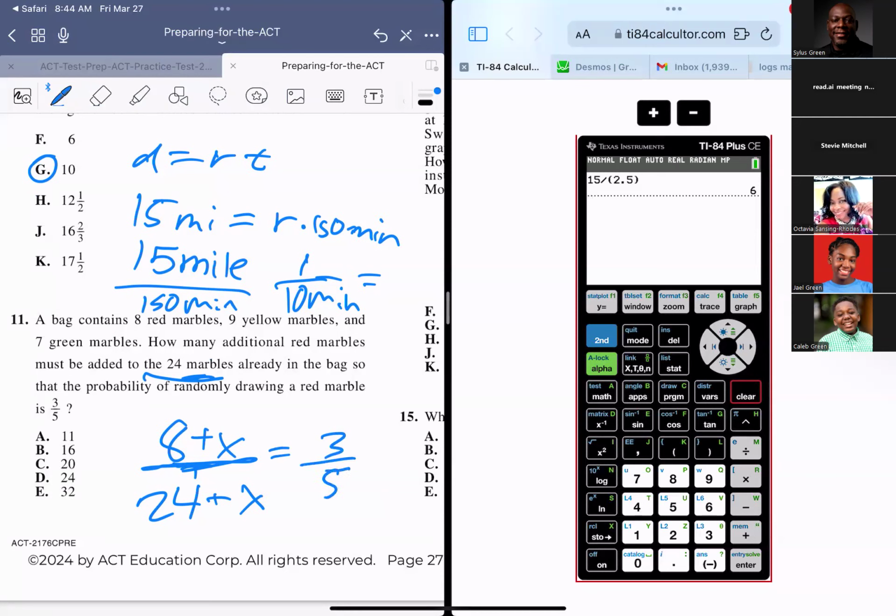Then you would cross multiply. 40 plus 5x equals 72 plus 3x. And after that, you just have to solve the equation. I would use the calculator for this. So you have to subtract 40 on both sides.